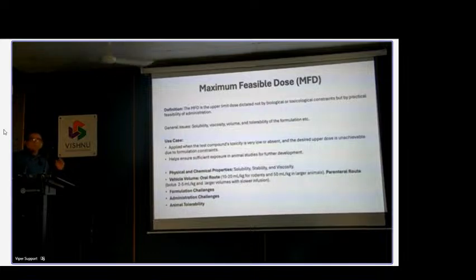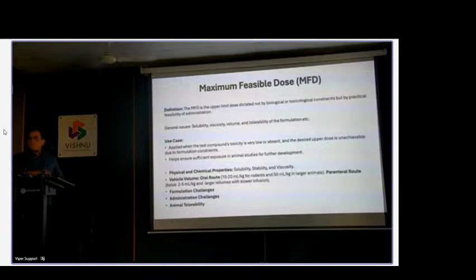Another thing is the maximum feasible dose. As I said, this upper limit is dictated not by the biological or toxic range, but by practical feasibility. For example, your compound is not soluble, and there is a limit for dose volume, so you may end up dosing twice a day.